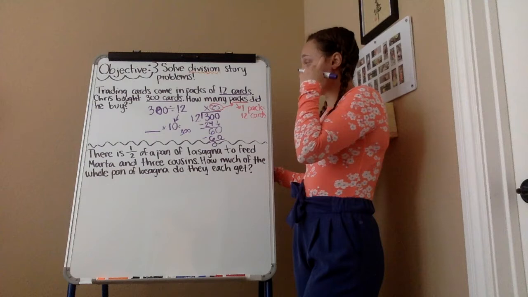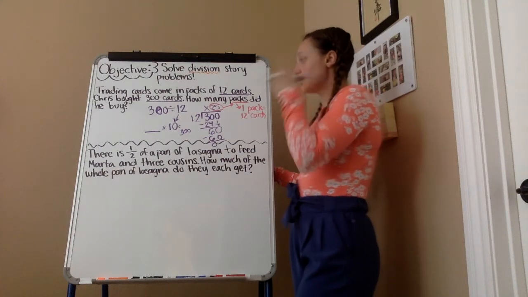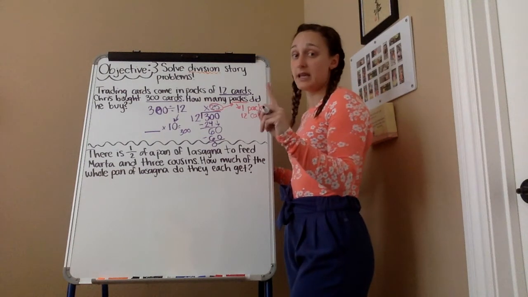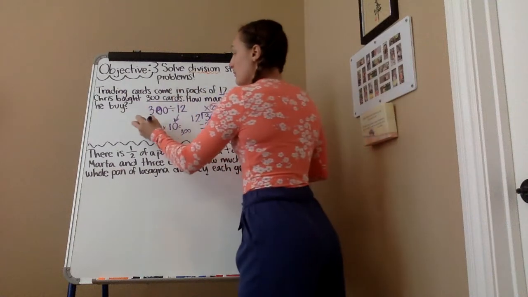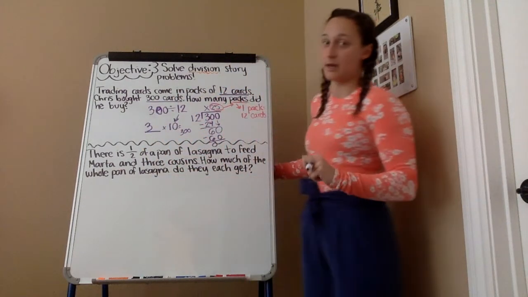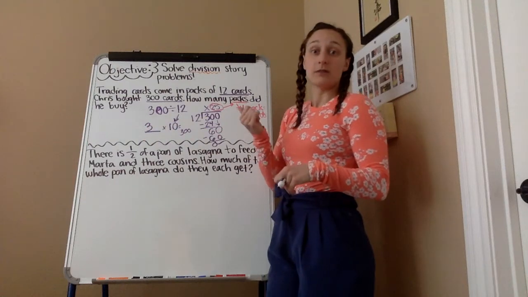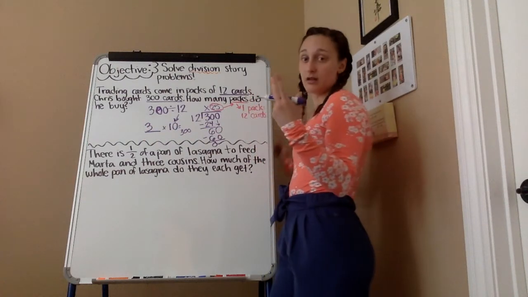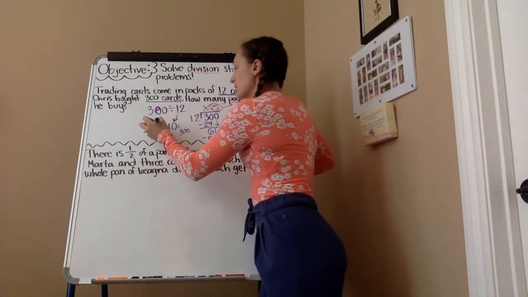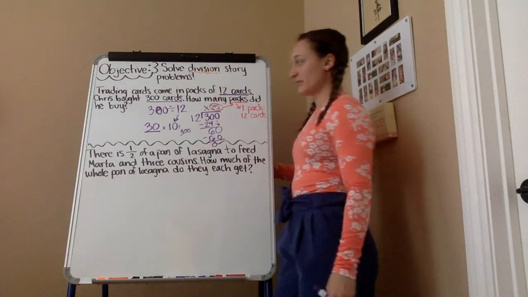If I think about it, I know if you multiply anything by 10, it looks like you add a 0. We all know that that's not what's happening. But if I did 3 times 10, that would give me 30. And I still need an extra 0. So I'm going to add my 0 to this.